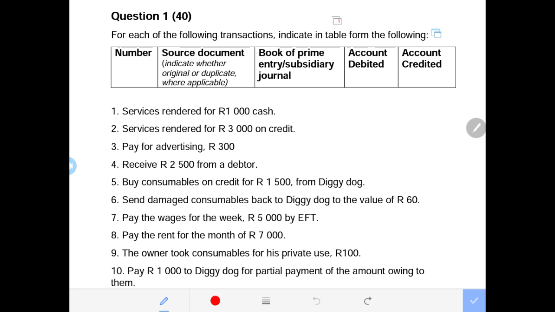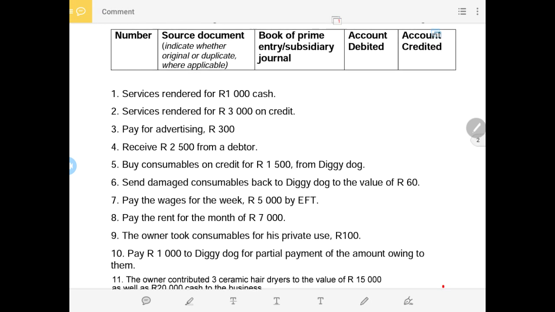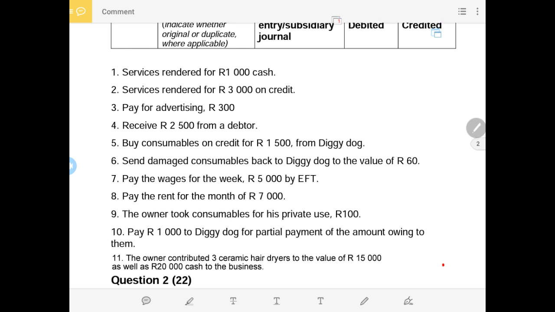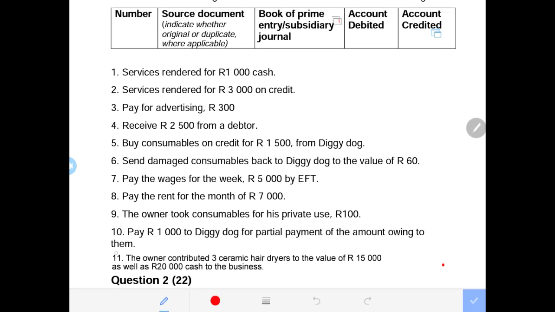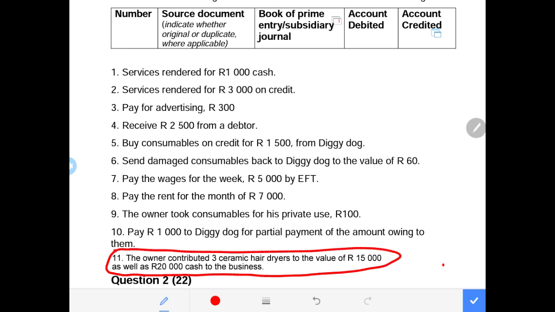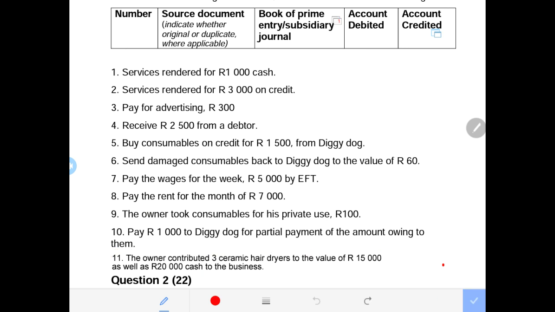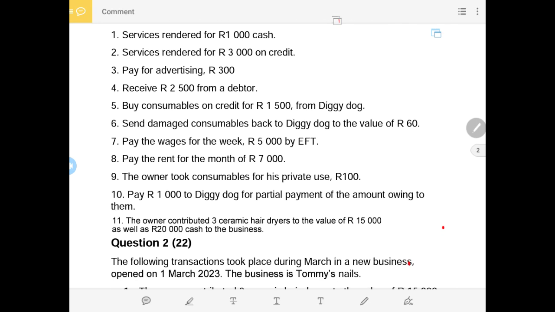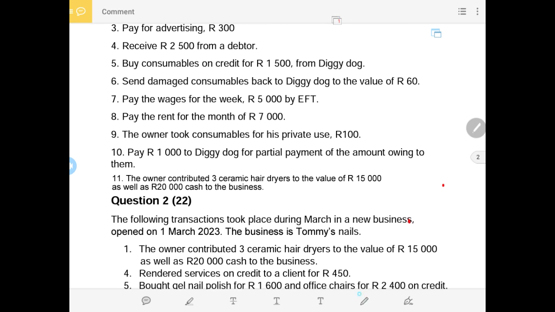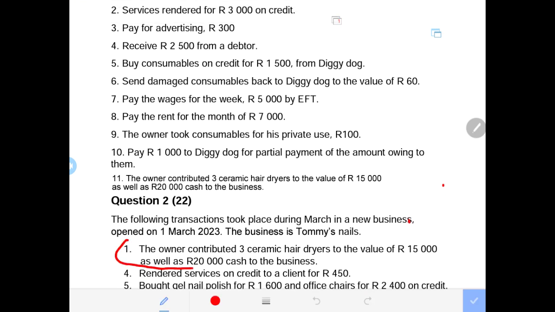Then we will read each of the transactions that are provided to us, 11 of them. I, however, added this other question. It was not based on this question in the year of this assessment, but I added it from the following question. Question 2 of this question paper was based on capital contribution.